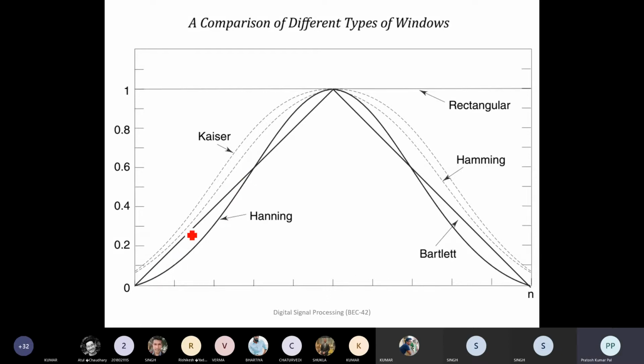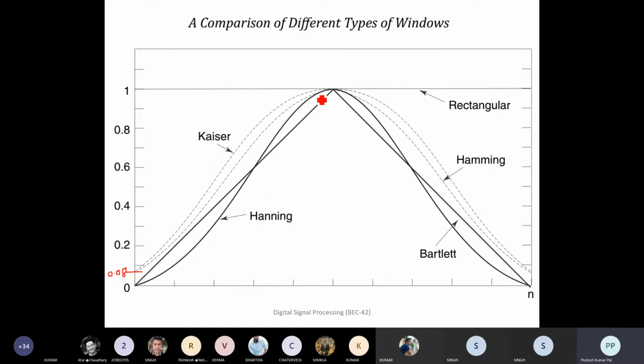So this is your Hamming window, starting with a fixed constant value. In case of the Hamming window, it is 0.08, and from there the Kaiser window also starts. Once we put n equals 0, the Kaiser window will have a magnitude higher than 0.